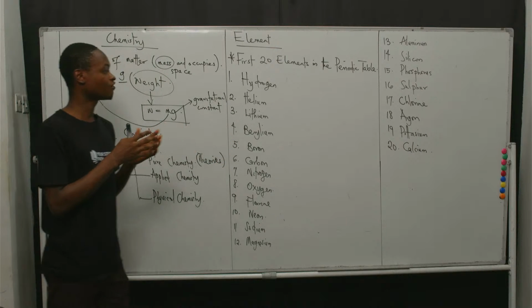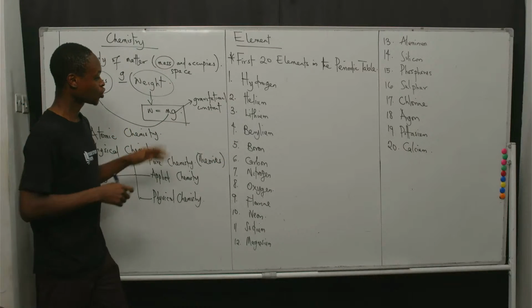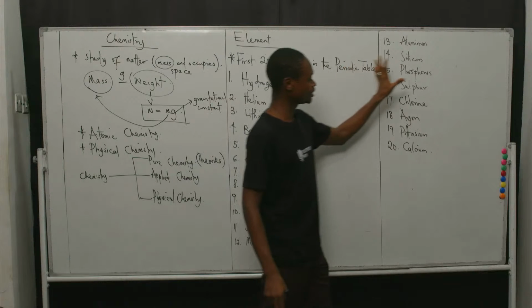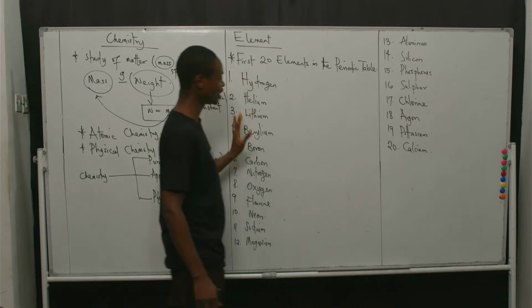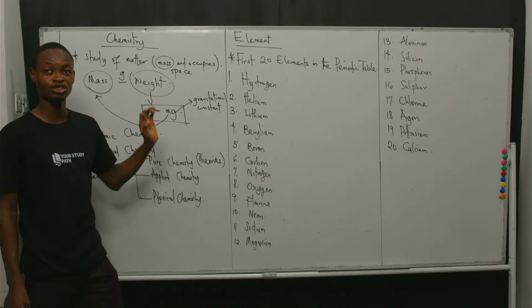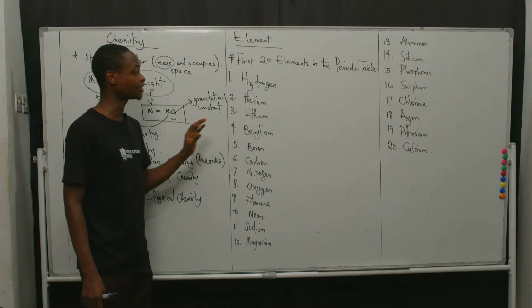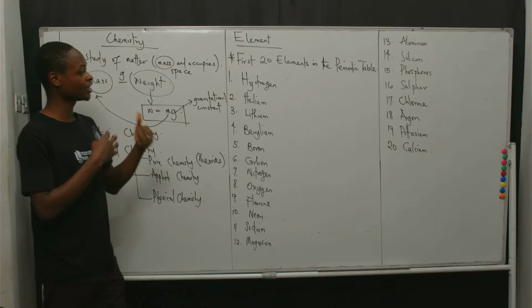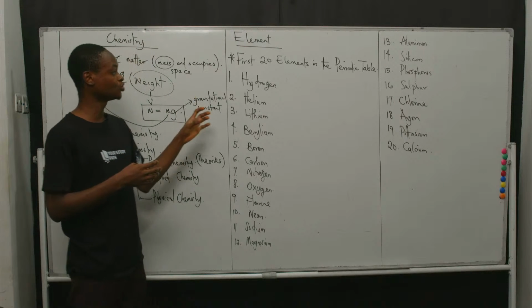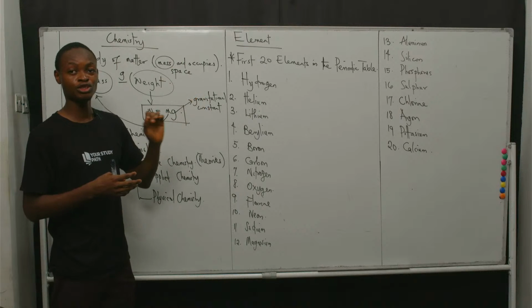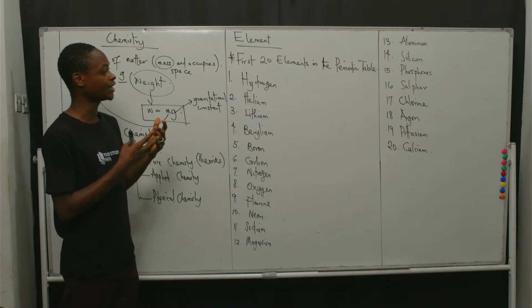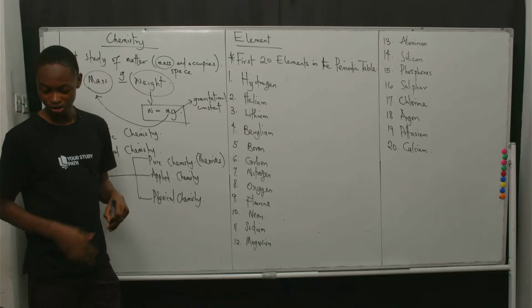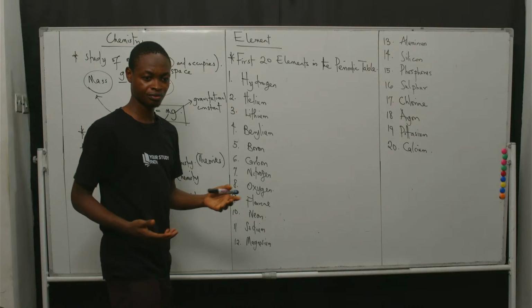Now, those are very important things. So we would keep this list of elements here. This is what we are going to be using for the majority of our class. And then we will pick each concept and use the first 20 elements to show more light into those concepts. So let's begin.